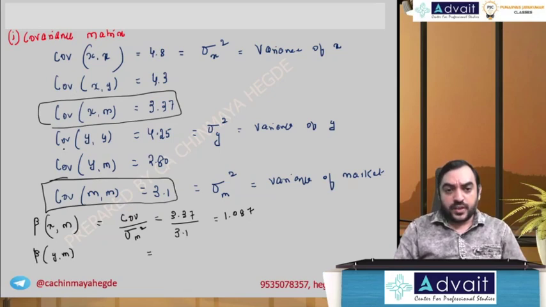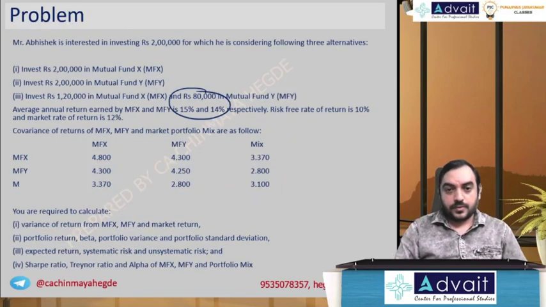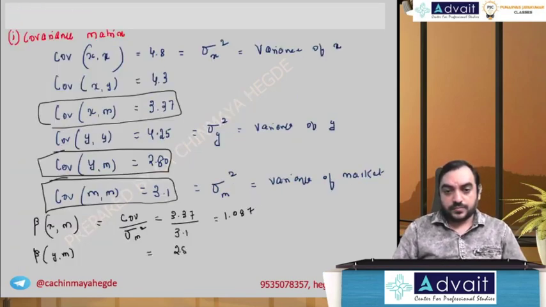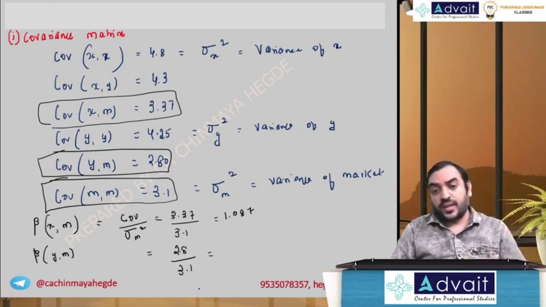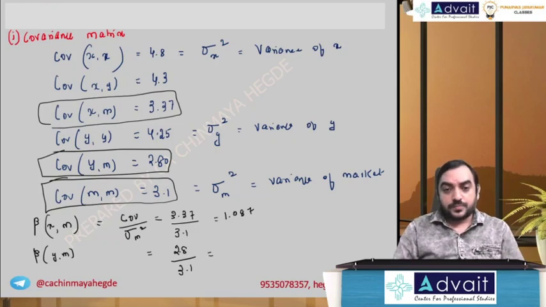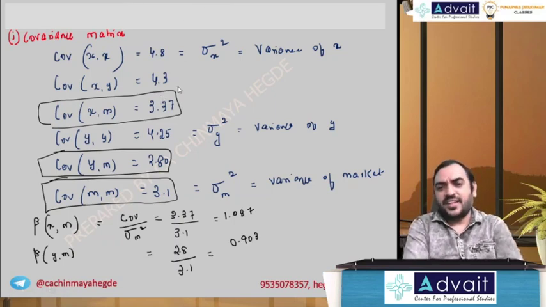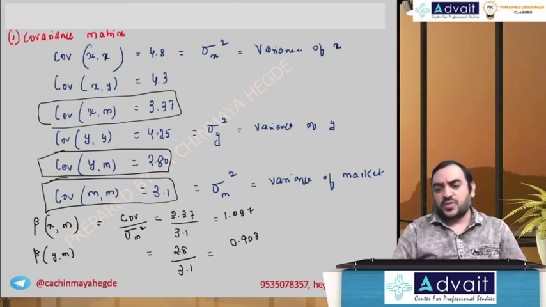Between Y and M, covariance is 2.8, divided by market variance 3.1. These are already variances, so no need to square them. 2.8 by 3.1, 0.903. I've taken 3 decimals. You can take 2 also, you can take 4 also, no problem.